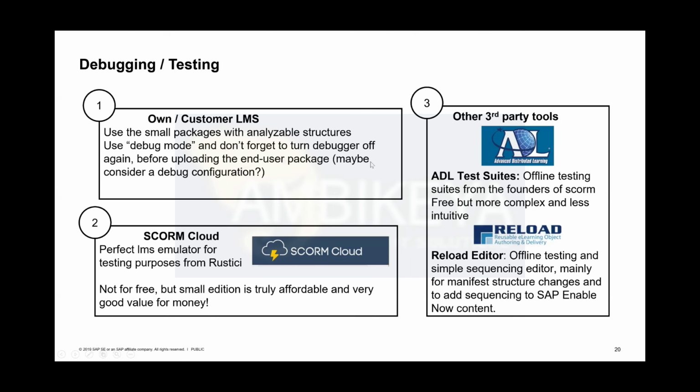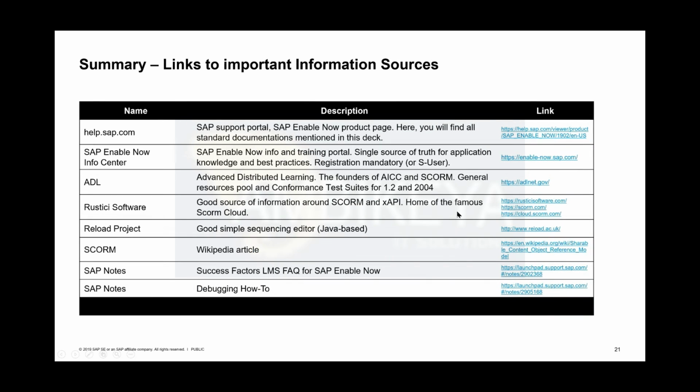So besides that, as always, final slide: a collection of some information sources to be known: ADL, Rooster, Reload, the Wikipedia SCORM article, that is the minimum must-read at least.